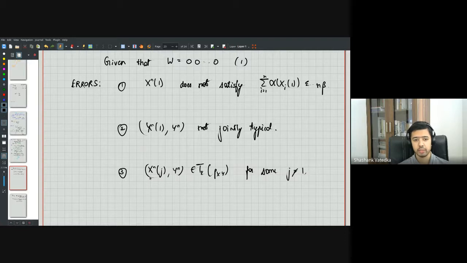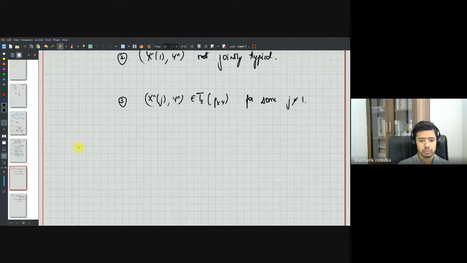So as long as we can show that these three events happen with a very small probability, we are good to go. We know that the probability of error is vanishingly small.